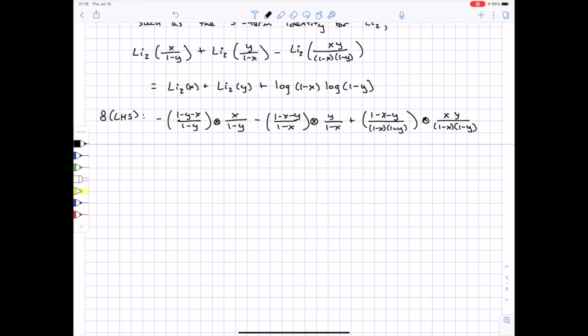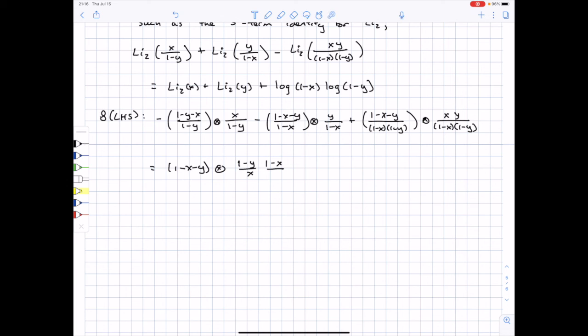And if we simplify this a little bit, let's collect the terms with 1 minus x minus y in the first entry of the symbol. So doing that with this minus sign, we can invert this factor. So we'll get 1 minus y over x. Same thing for the second term.